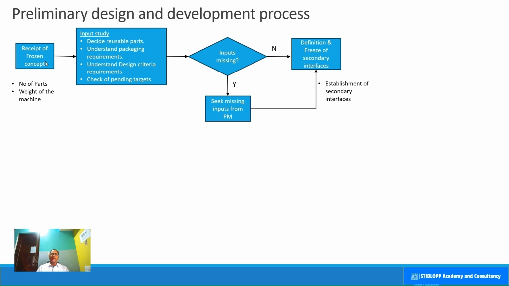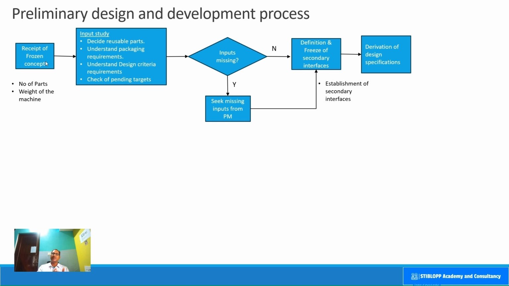In the step that involves freezing of the secondary interfaces, we establish the secondary interfaces and the left out primary interfaces with the mechanical connections, which you will understand once I take you through the subsequent slides. The next step is derivation of the design specifications. Let me explain that process once again.